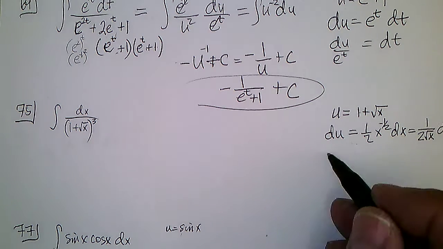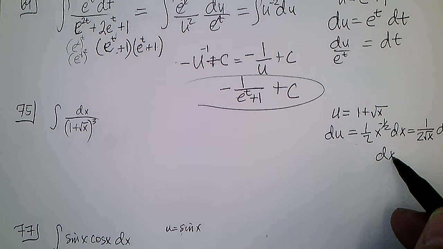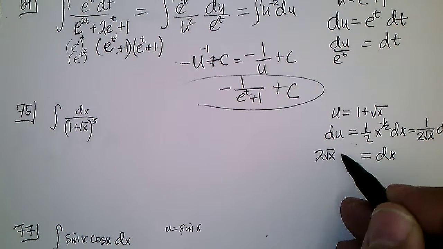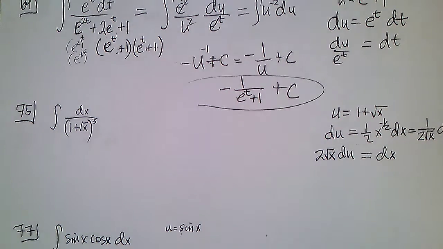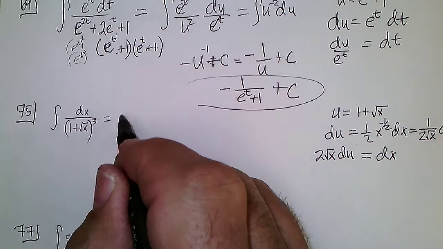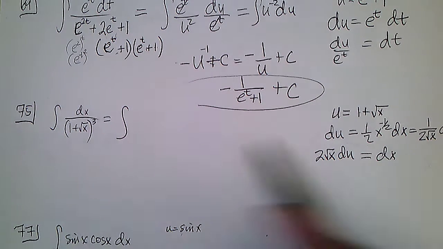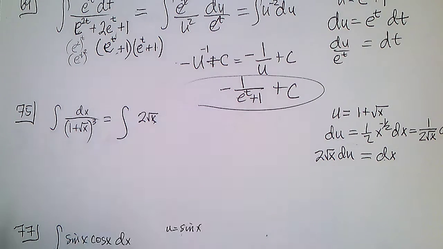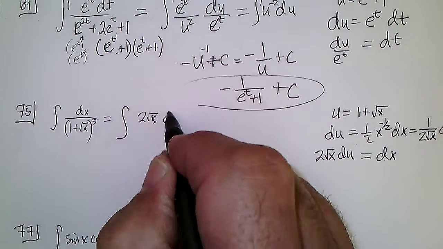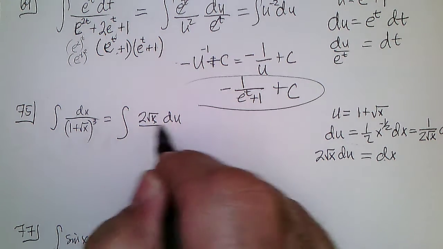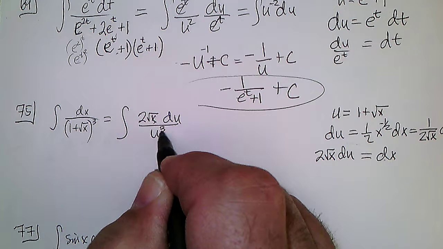And so dx becomes 2 square root of x du. So this would become the integral, dx would be 2 square root of x du, over u cubed.